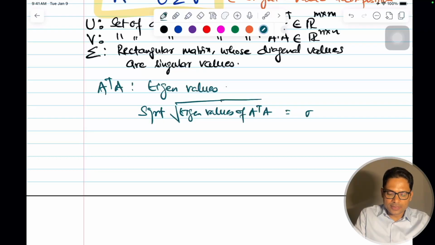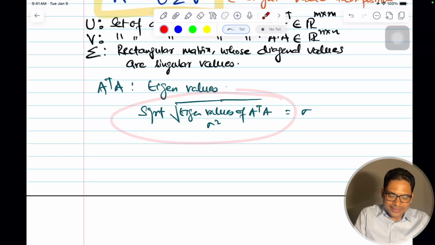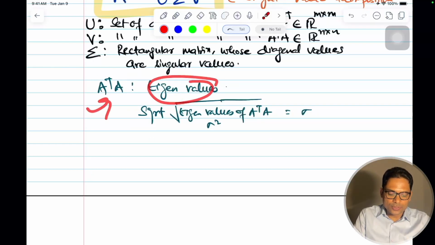These are represented as sigma. This is sigma square, so this will be your sigma: the square root of the eigenvalues of A transpose A or A A transpose.